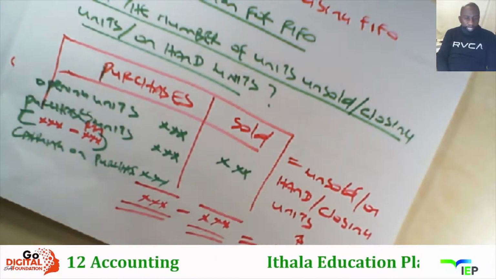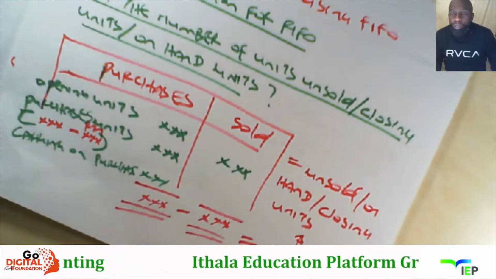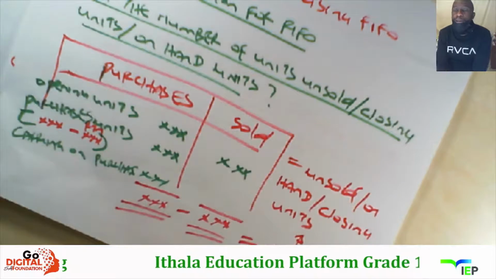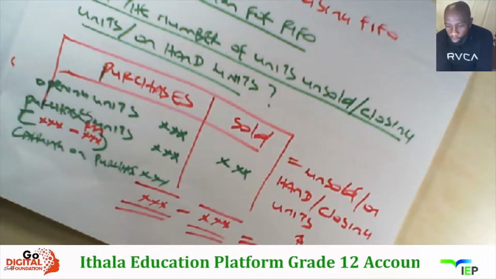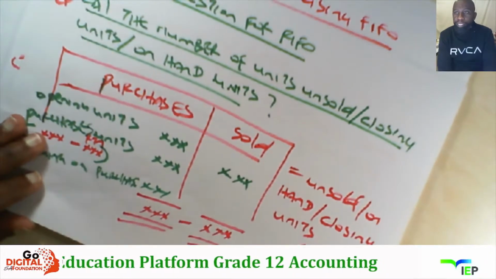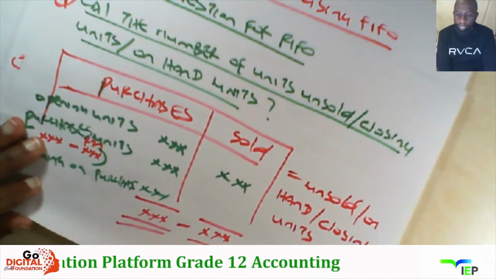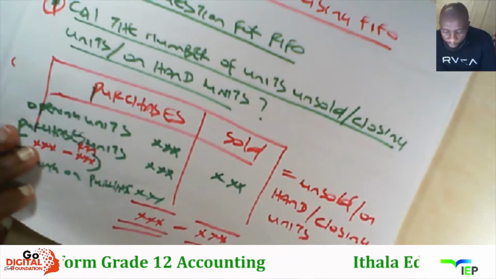I think isikhathi seseshaya ke manje. So shortly we'll be looking at weighted average method. So make sure that, I'm not sure how many minutes are left now then. Okay, yeah, let's make sure that we tune in for weighted average method.